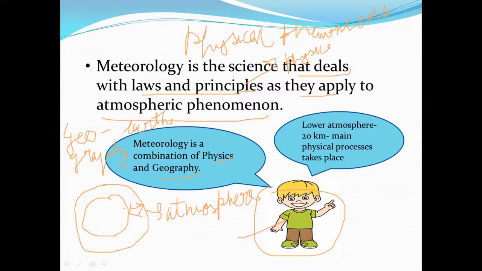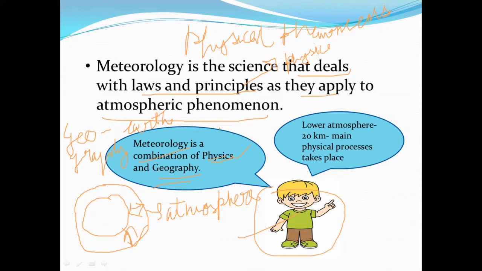So when we are studying above the earth's surface, the atmosphere, we are automatically in the geography region, but in association with physics. Physical phenomena are always occurring in the atmosphere.